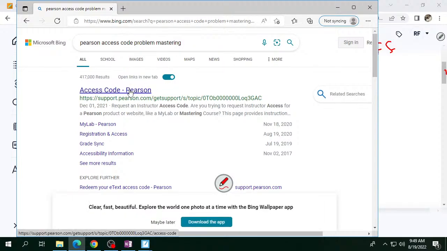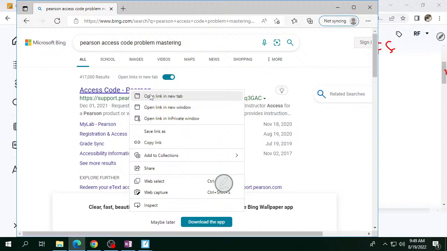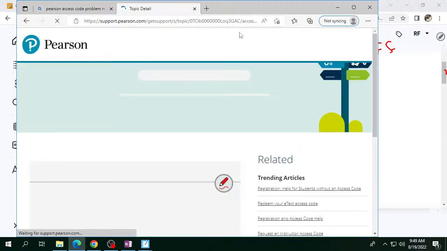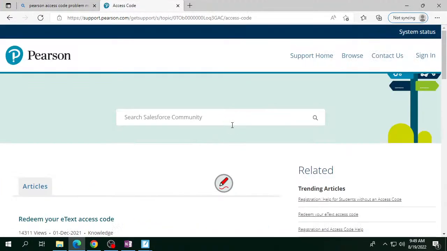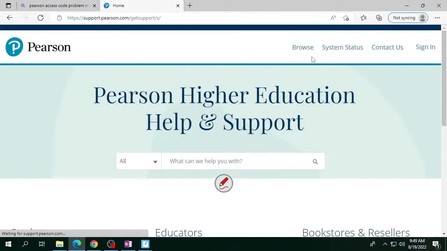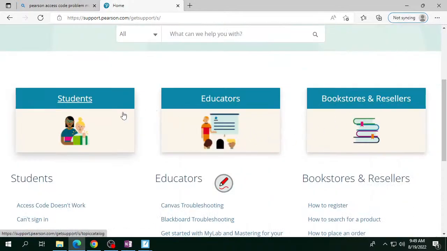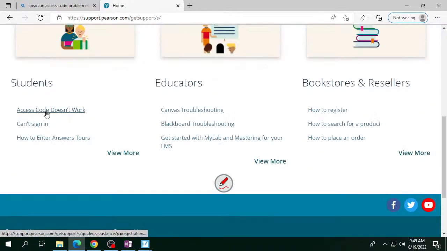Access code. Okay, so this might be the support. Don't hesitate to call them. Okay, so they got this thing, your access code doesn't work.